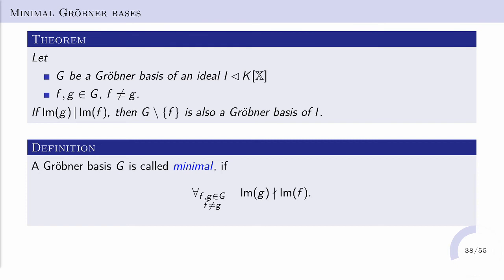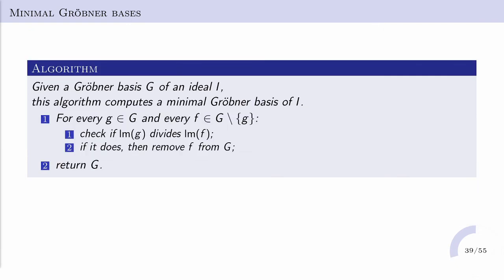The method for constructing a minimal Grobner basis out of any Grobner basis is just a straightforward application of this theorem. Namely, the algorithm works as follows. We start with any Grobner basis, and we compute the minimal Grobner basis by looping over all the pairs of distinct polynomials g and f belonging to the Grobner basis.